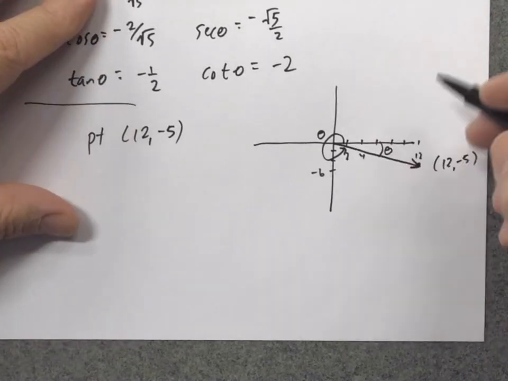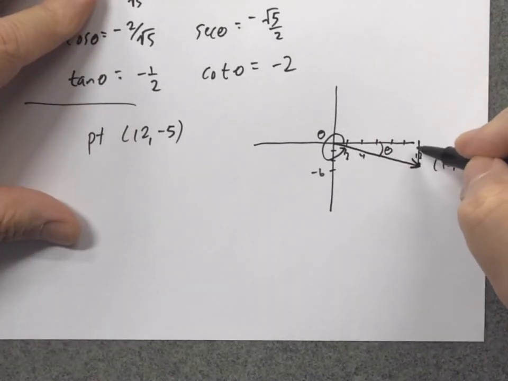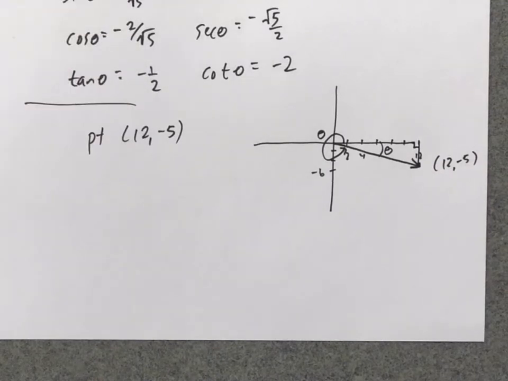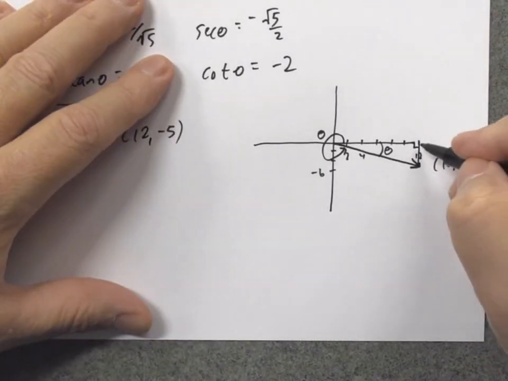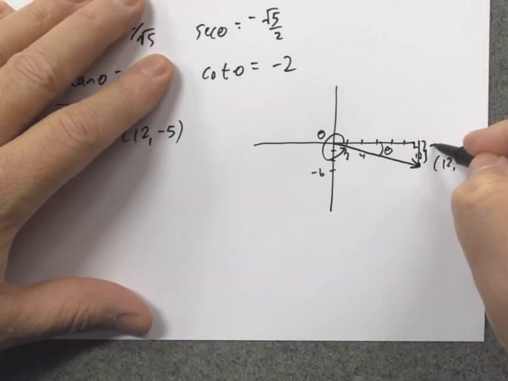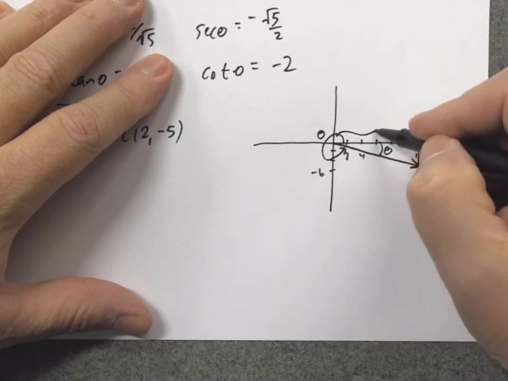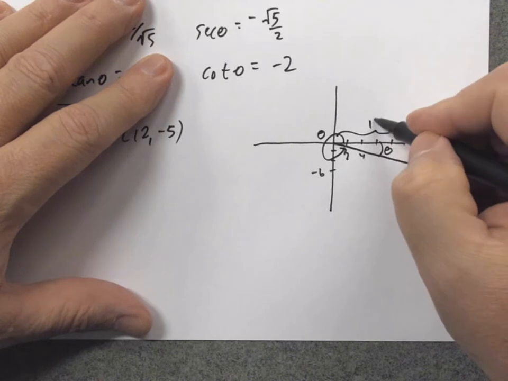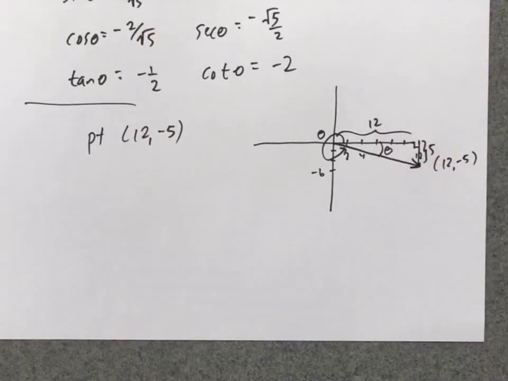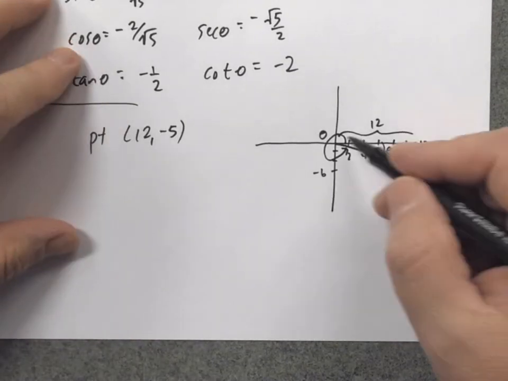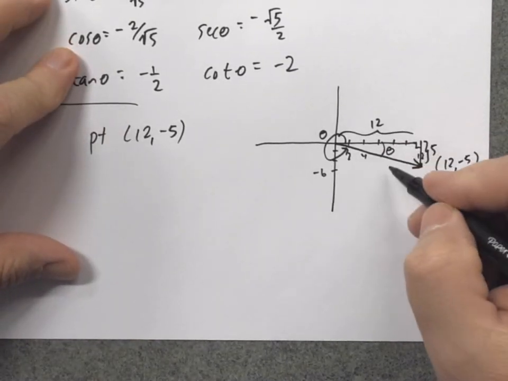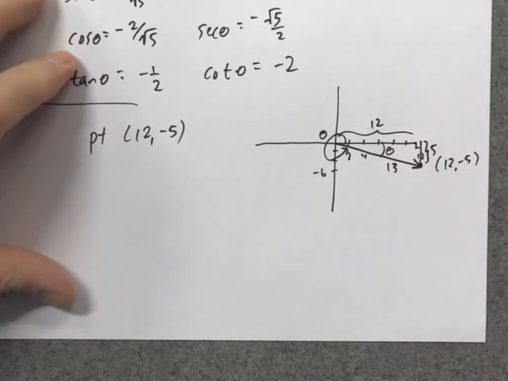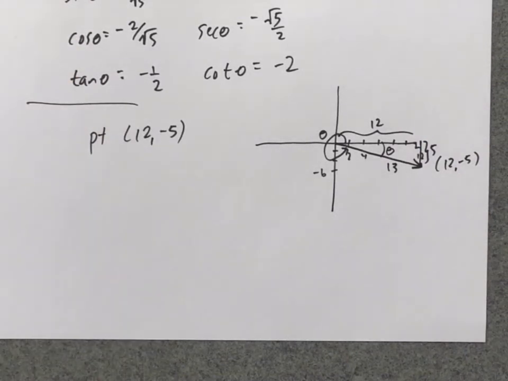So what I've got here is a right triangle. Turns out this length here is 5. This length here is 12. Now I can use Pythagoras to find the length of this one, and it turns out it's a nice number, 13.